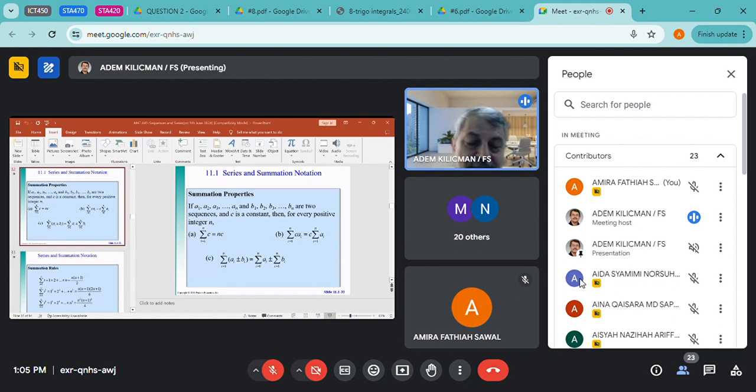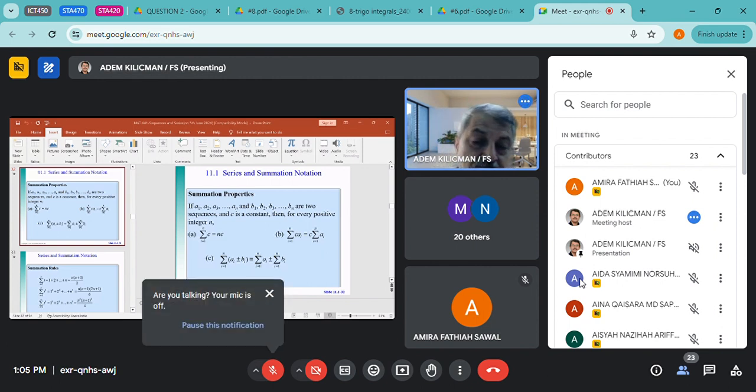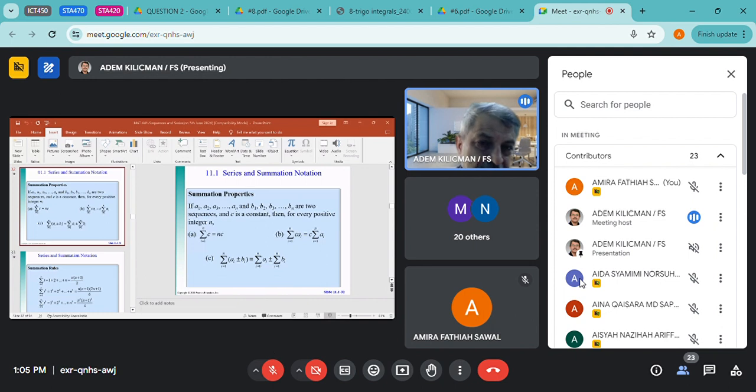Some of these rules sometimes help us to solve complex problems. For example, if I ask you to find the summation of the first 1,000 numbers, from 1 to 1,000, it will take ages to write them all down, but this kind of formula will help you.